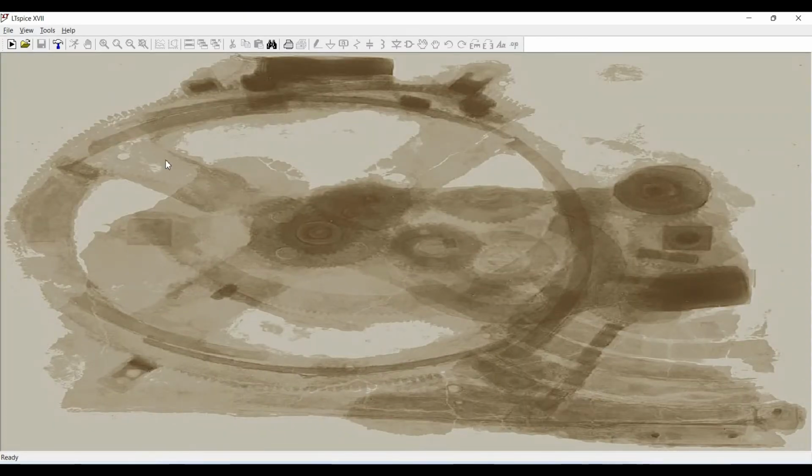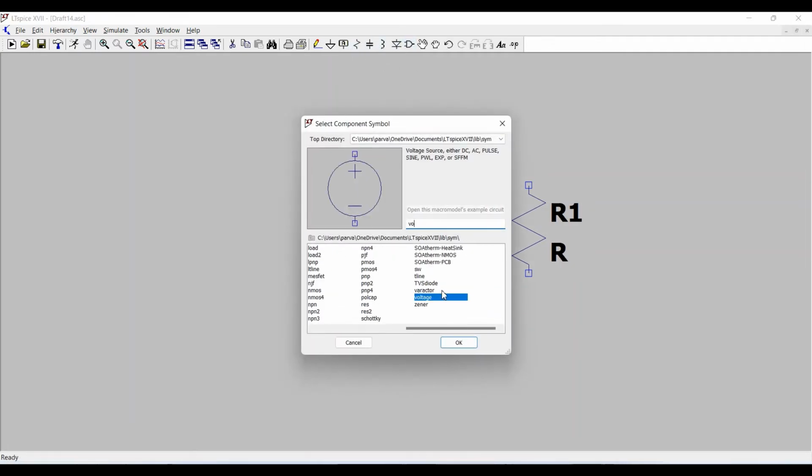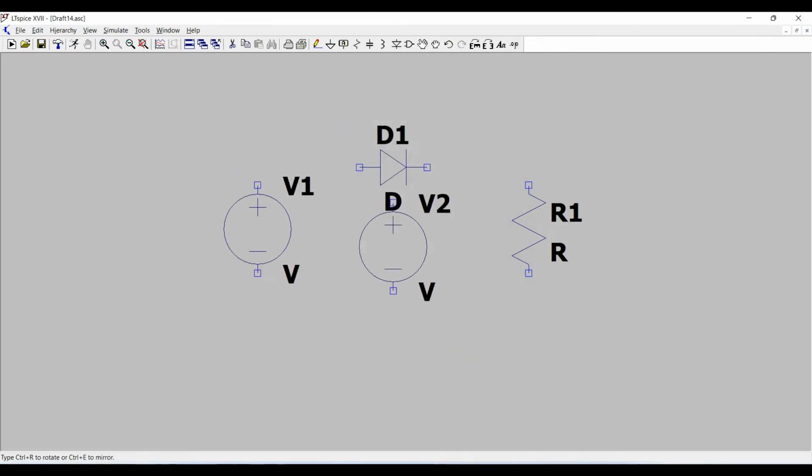So this is your LTSpice schematic window. We'll take a new schematic. We will build a circuit as I had shown in the diagram. Escape, take the resistor, click over here, escape, and we need one supply voltage. We'll write volt in the search command, and this is OK.